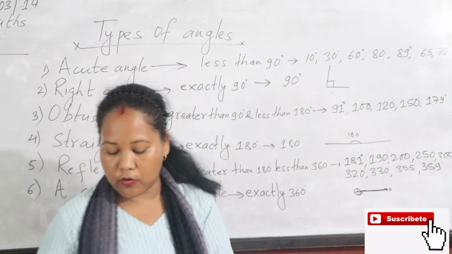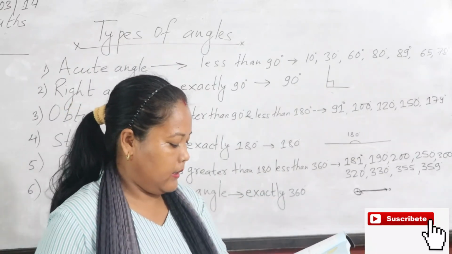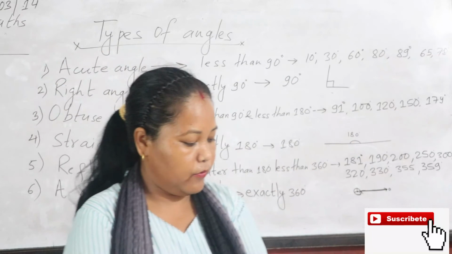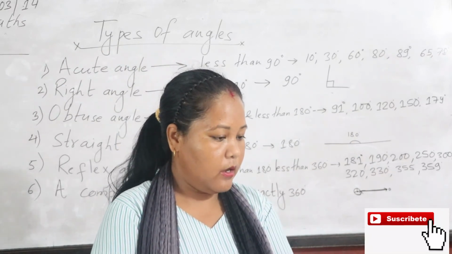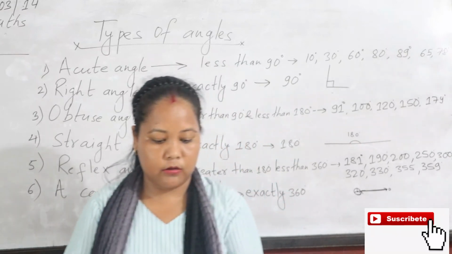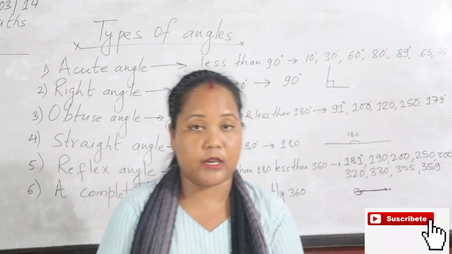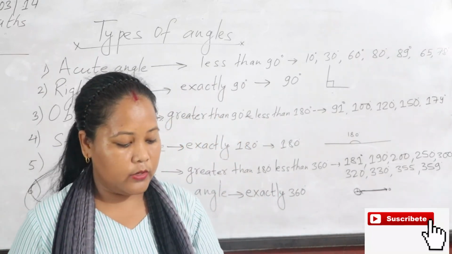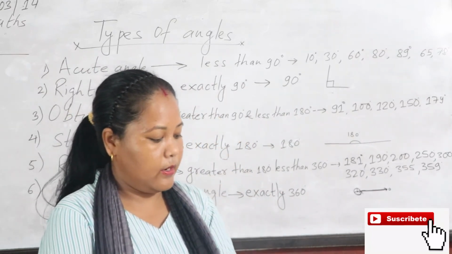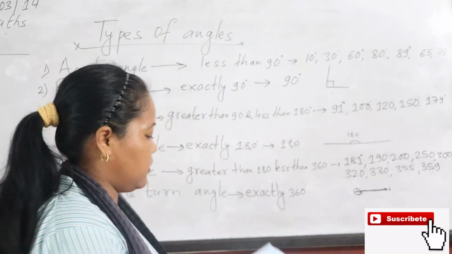And if you have any confusion, you can ask me, and you have to do your homework. In exercise 1.1, I think questions number 1, 2, 3, 4 up to 5 I gave you as homework in the previous class. And questions number 6, 7, 8, 9 and 10 you have to complete as your homework.